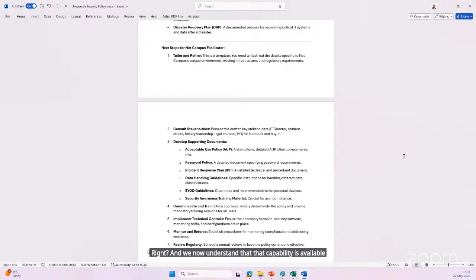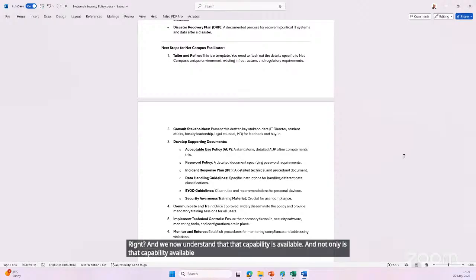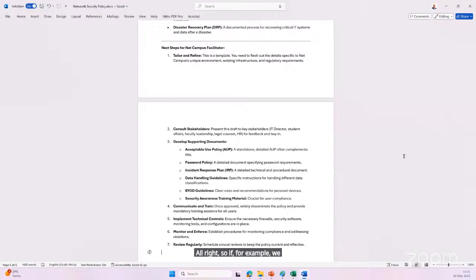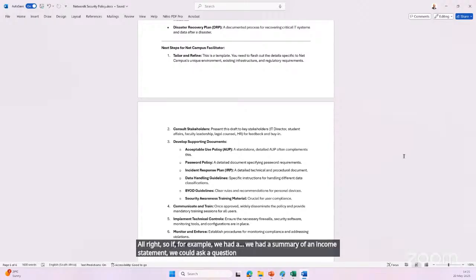And not only is that capability available, but we can also ask the presentation questions. Right. So if, for example, we had a summary of an income statement, we could ask a question, even a question that would speculate on why the net income either increased or decreased from year to year based on the industry that we're in.